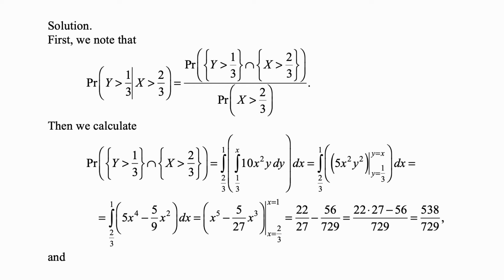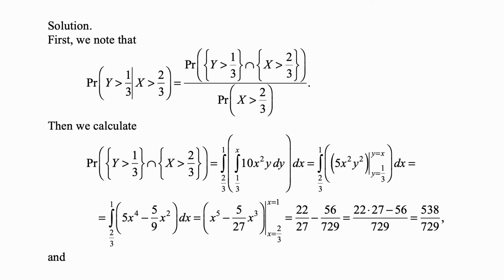Well, what is that difference of values from 1/3 to x? At x, this expression is equal to 5x to the 4th. And if we plug in y equal to 1/3, then y squared is 1/9, so we subtract 5/9 x squared, and we take the integral of this expression from 2/3 to 1.